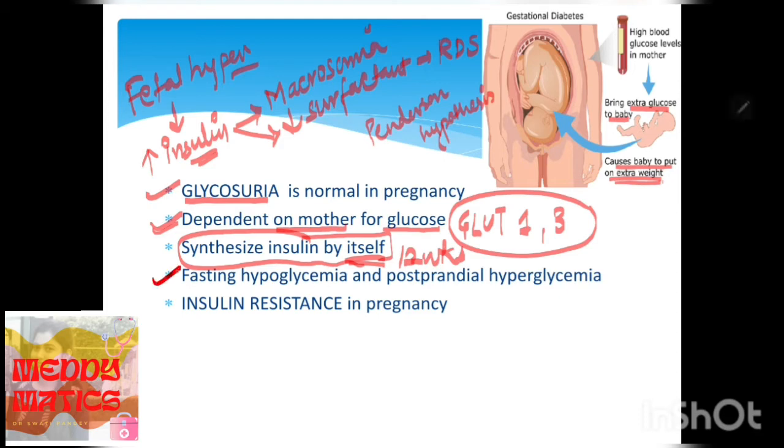Now, in pregnancy there is fasting hypoglycemia and postprandial hyperglycemia. Now the insulin resistance in pregnancy.